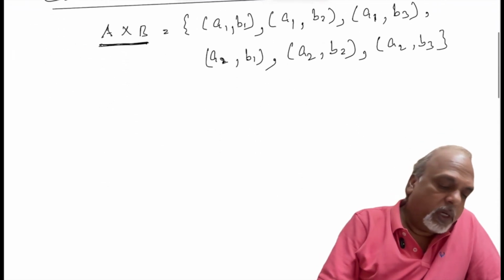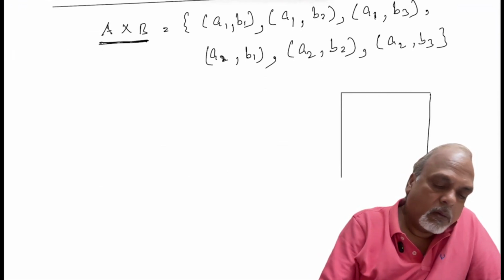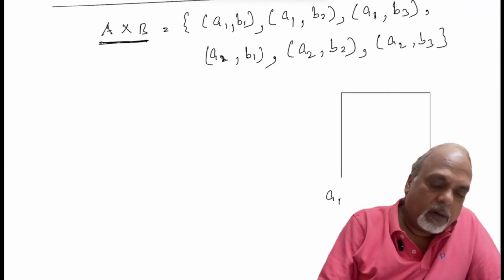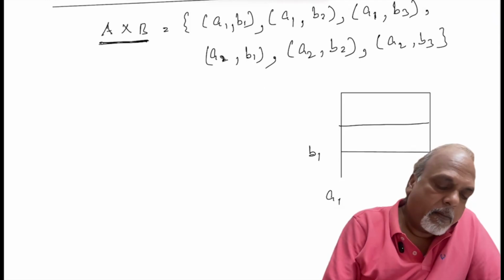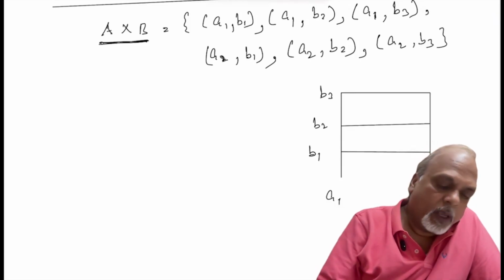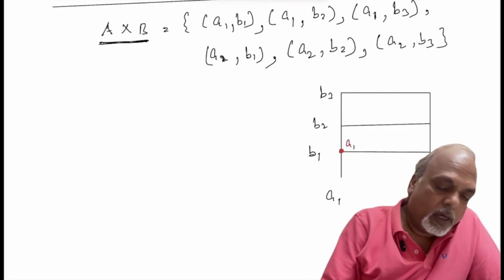Correct? Let us see, suppose your columns are A1, A2 and rows are B1, B2, B3. Then what are these ordered pairs? Just see. What is this? This is A1, B1. What is this?